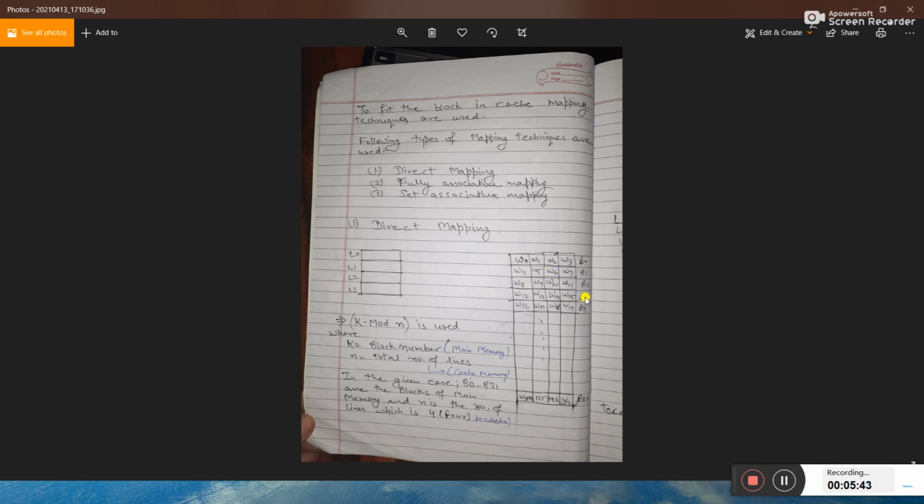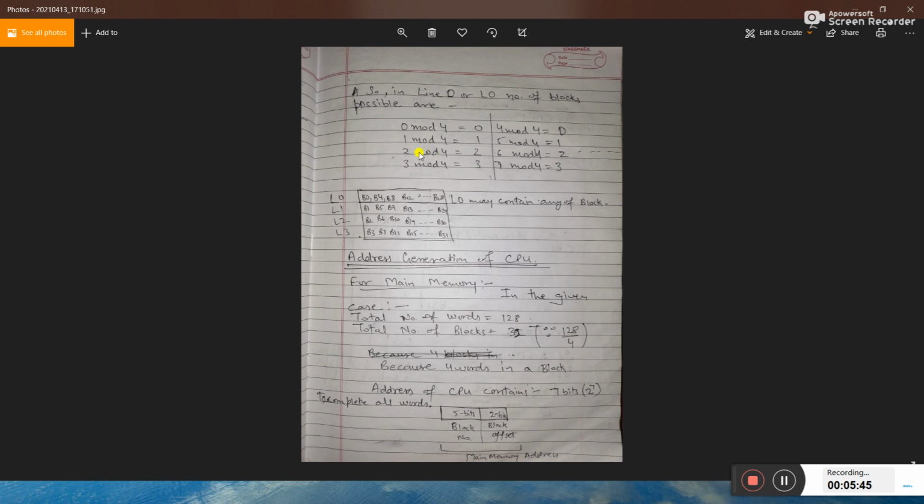Similarly, line number 2 contains block number 2, line number 3 contains block number 3. Similarly, line number 0 contains block number 4, and block number 5 is contained by line number 1.